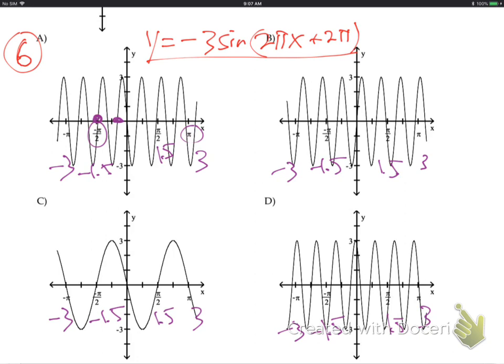Oh, wait a minute. That might be right. Hold on. It's confusing for me, too. Right there. So there he is. Goes down, goes up, comes back to the origin. Maybe. Let's hold on to that for a minute.